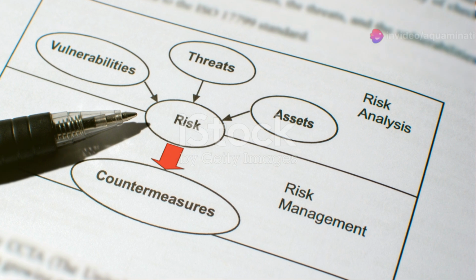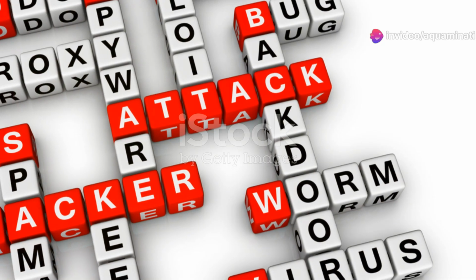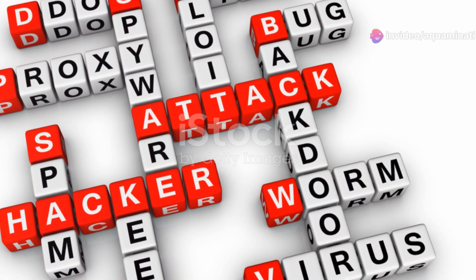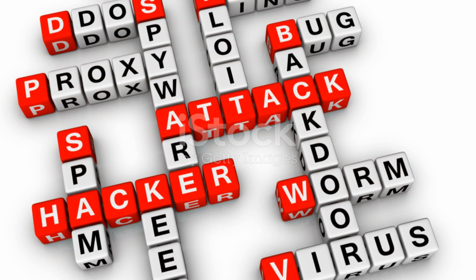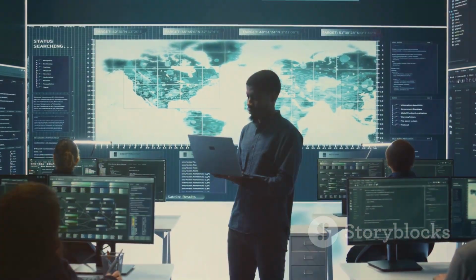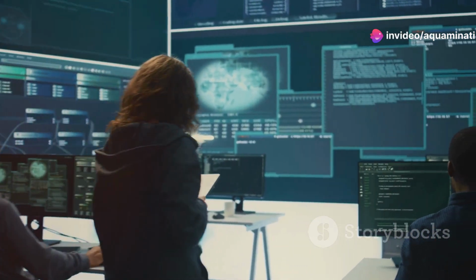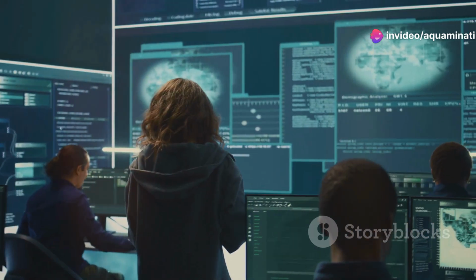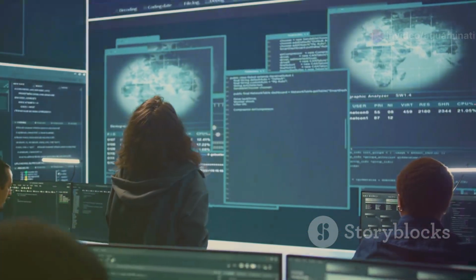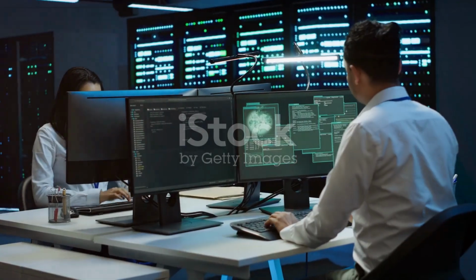DREAD, on the other hand, stands for damage potential, reproducibility, exploitability, affected users, and discoverability. It uses a scoring system to assess the risk associated with each identified threat. By using these frameworks, development teams can proactively address security concerns, building more resilient and secure applications.